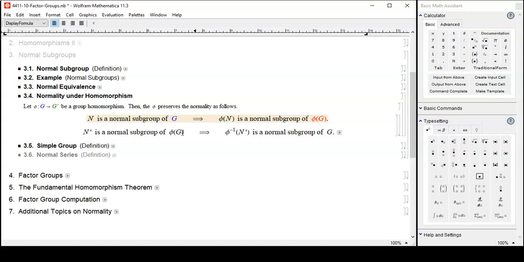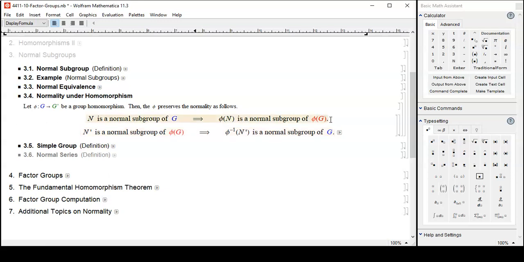And if N prime is a normal subgroup of phi of G, then its preimage is a normal subgroup of G. So we consider only between blue and green, G to phi of G. G prime can be too big. Of course, if N prime is a normal subgroup of G prime, then it is a normal subgroup of phi of G as well, so everything works out.